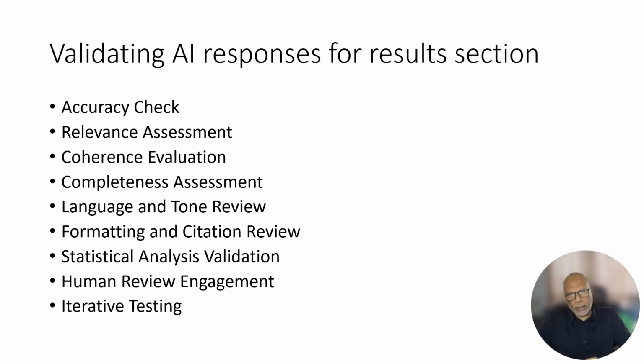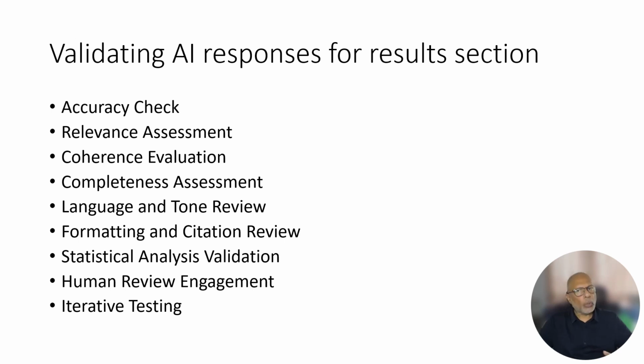Make sure that they're accurate, and you can counter-check this by doing a check on your various databases of literature. Make sure that the content that has been created is relevant, coherent, flows, and has some completeness of assessment.